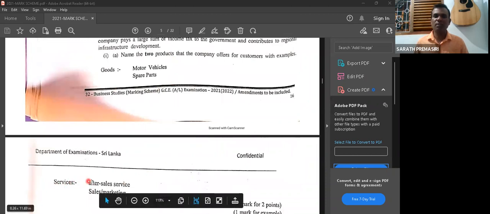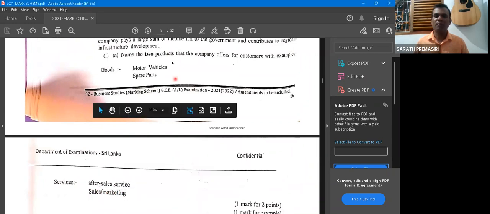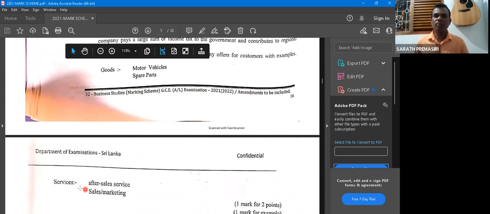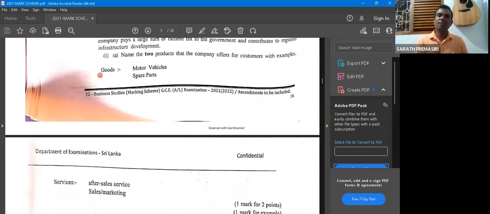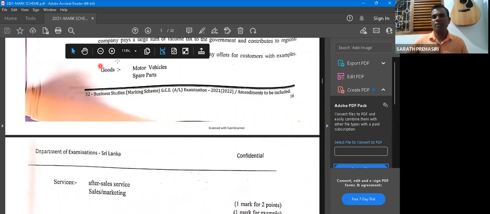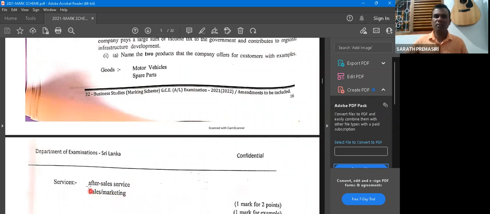Now services: after sales services, marketing services. A product can be broadly defined as goods, services, ideas, persons. Here two products: goods, motor vehicles and spare parts, and services, after sales service. Just try to understand.